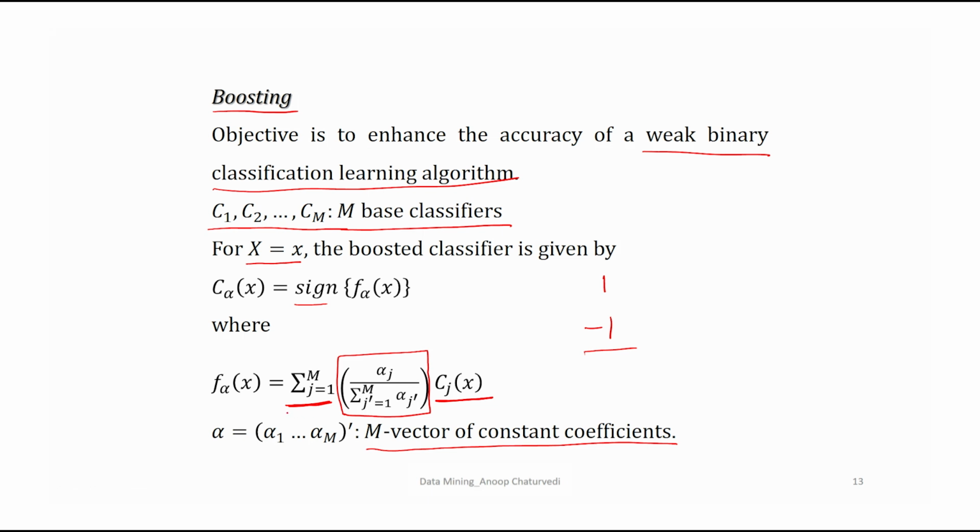After taking this weighted sum, we look at the sign of f_alpha(x), and then we assign it value 1 or -1, and accordingly we classify the observation capital X equal to small x. This is the boosted classifier.